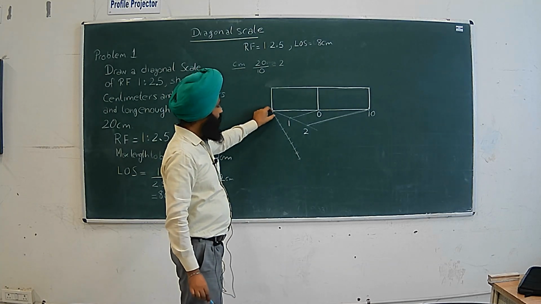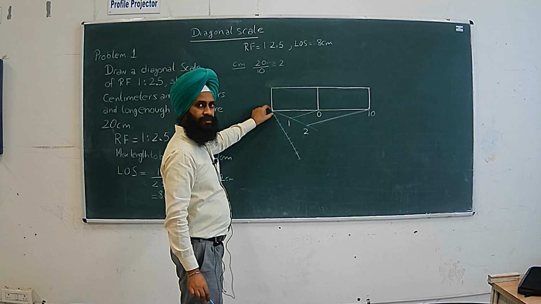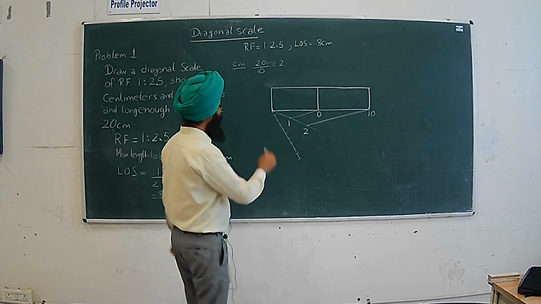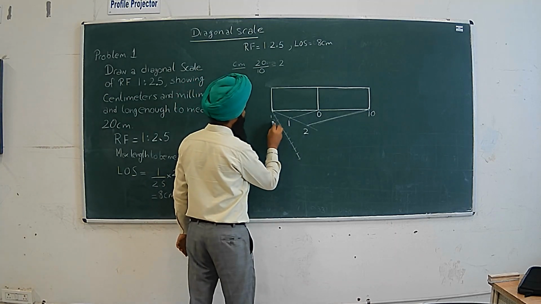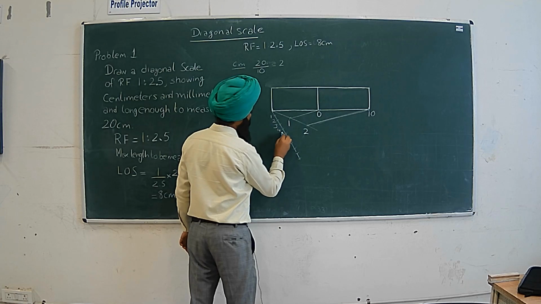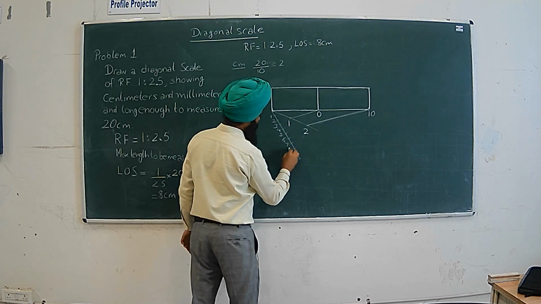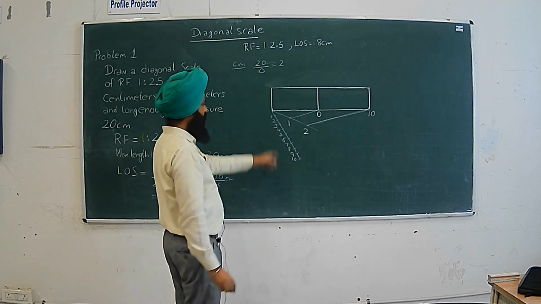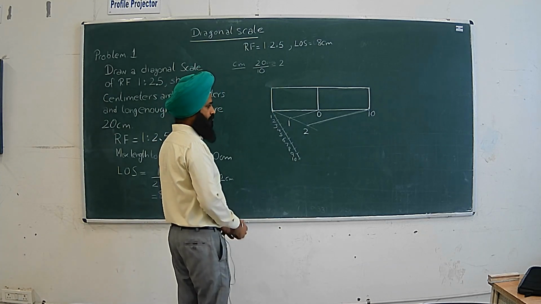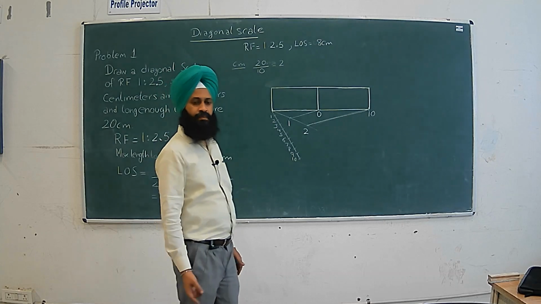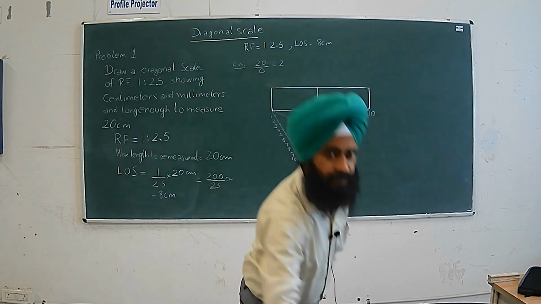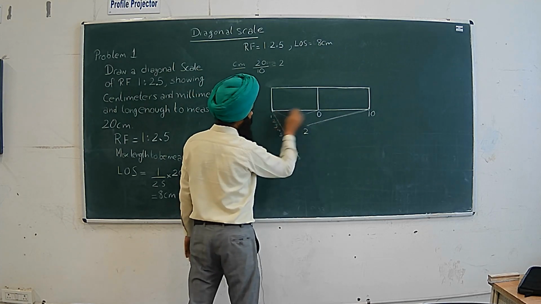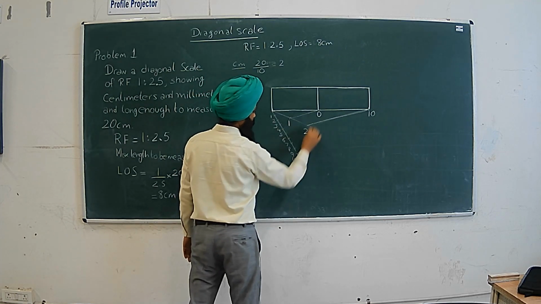Open compass to this small length, and mark these arcs over this, and you will divide it into 10 equal parts. Join the last part, 10th part, with the end point of first division, first box.